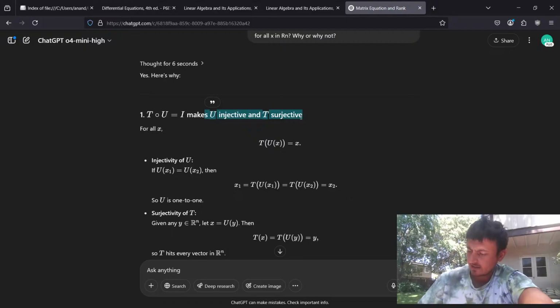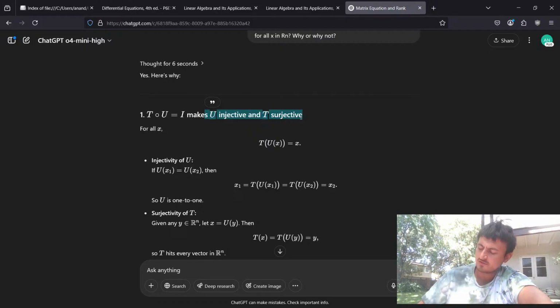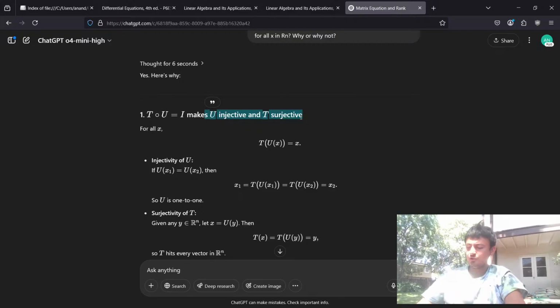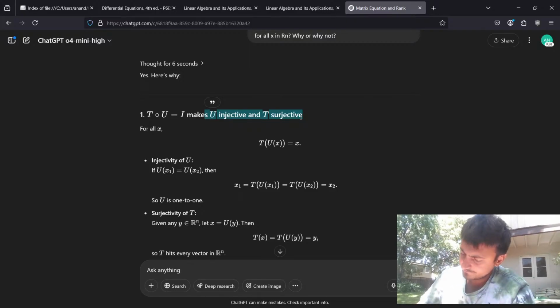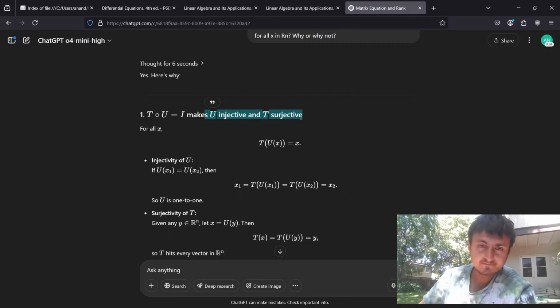T composed with U, T after U, of x for all x is equal to x for all x implies that U is surjective and T is injective. Oh, wait. Hold on.